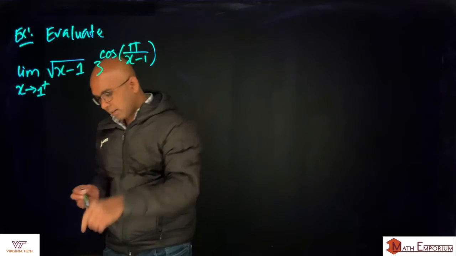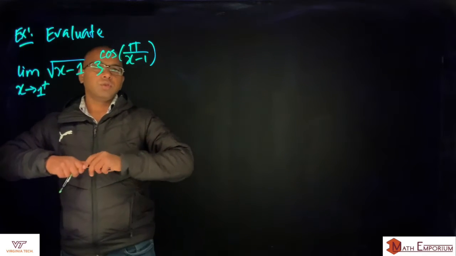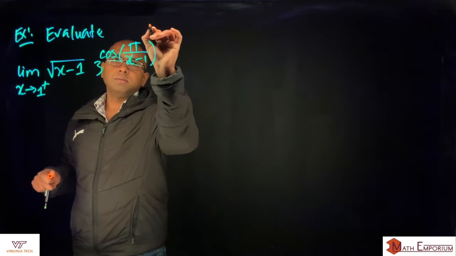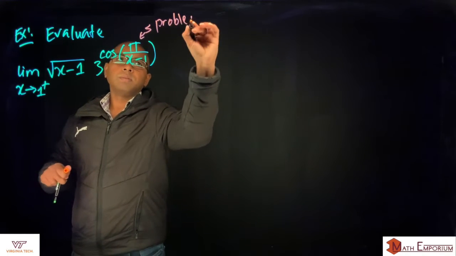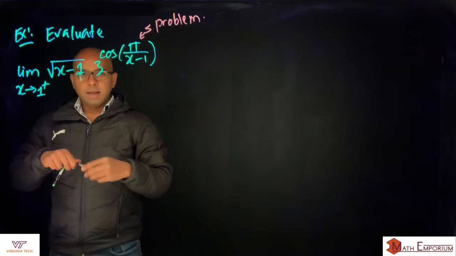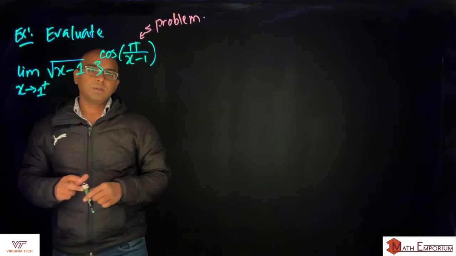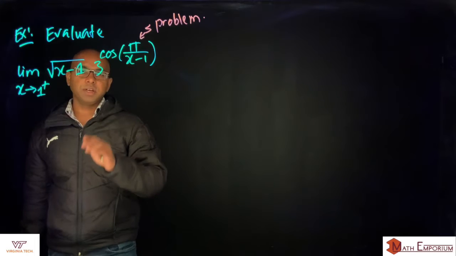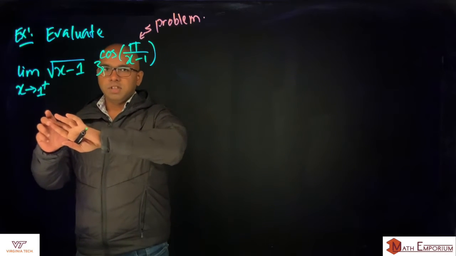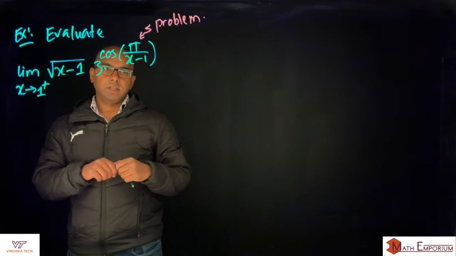Now that's the heart of the problem. So we have this rational function. This is the problem, and it's not continuous at 1. It's not defined, so it's not continuous.